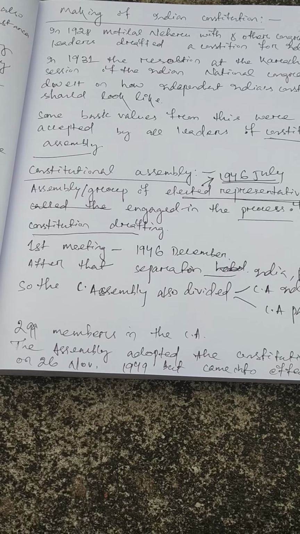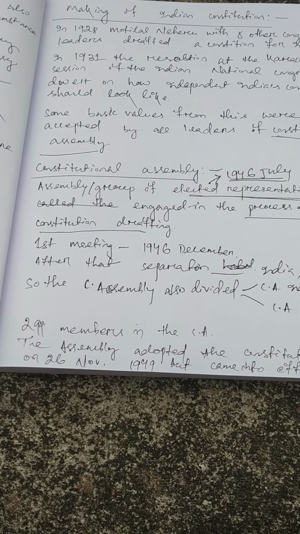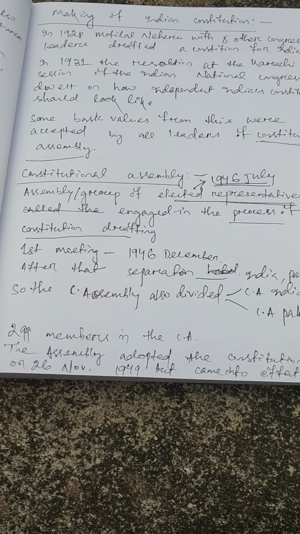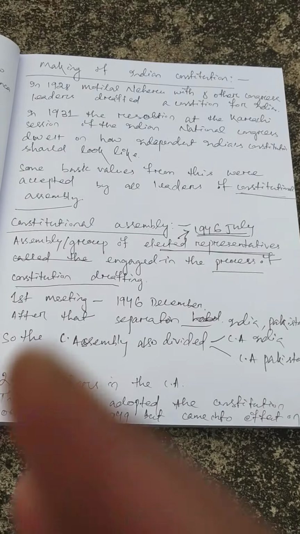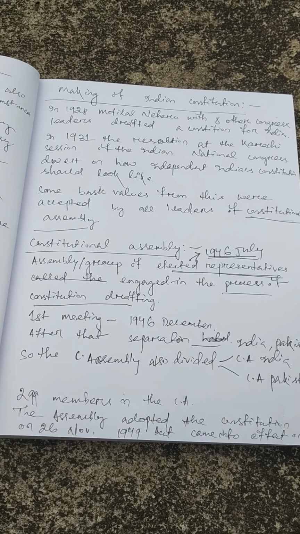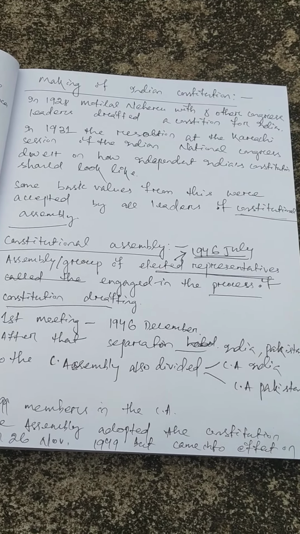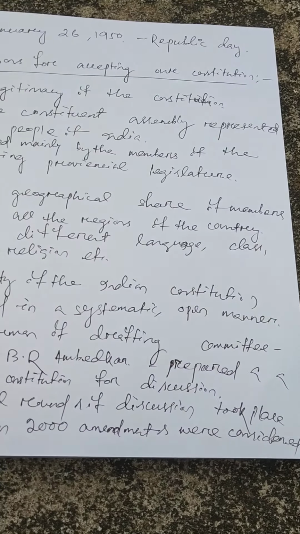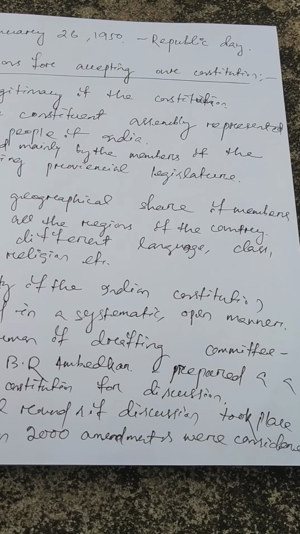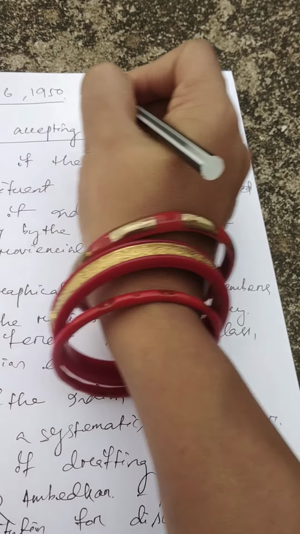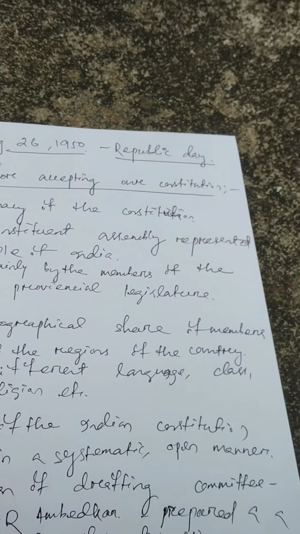The Assembly adopted the Constitution on 26 November 1949, but it came into effect on January 26, 1950.